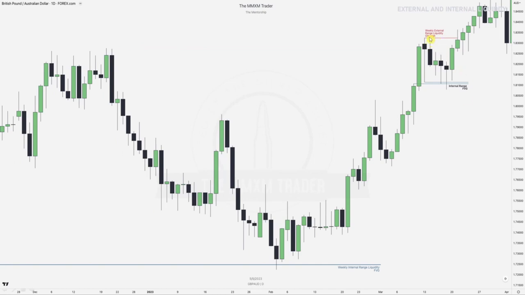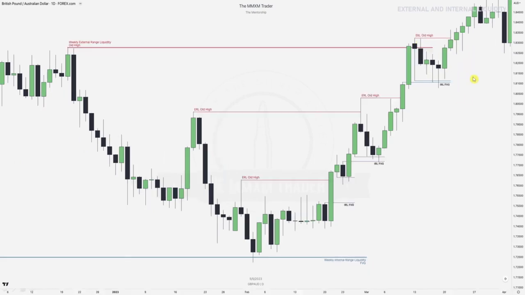Again, external, and then with all the annotations together, you can see how this is forming. Think about that extreme high. We took that high, an external range liquidity over here. Remember, we're drawing into a weekly internal level. Weekly internal level is down here, that fair value gap. Now we're looking for a buy program, the buy side of the curve.